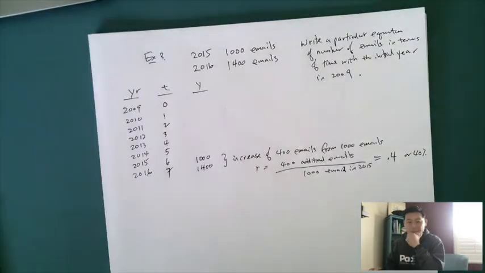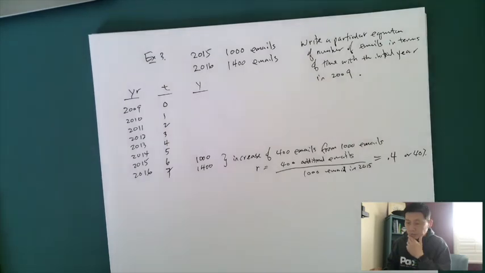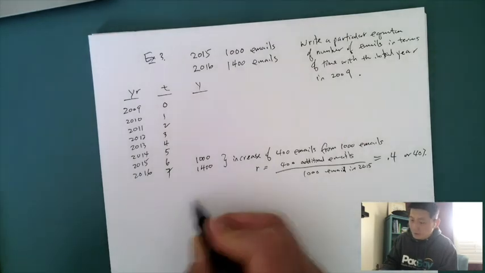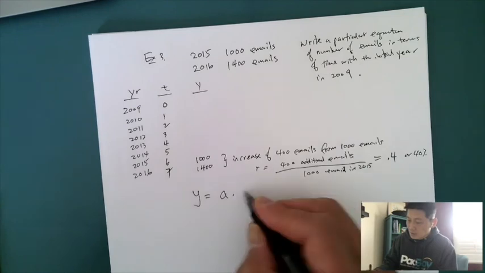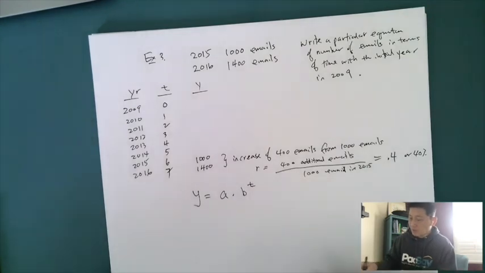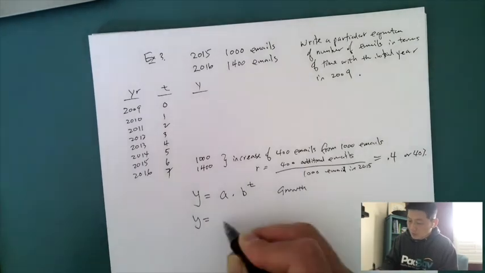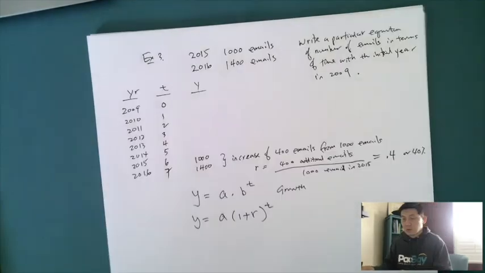So if you think about it, that makes sense. Immediately we know that if this follows the growth model, y is equal to a times b to the t power, and this is a growth model. Then this is y equal to a times 1 plus r to the t power.